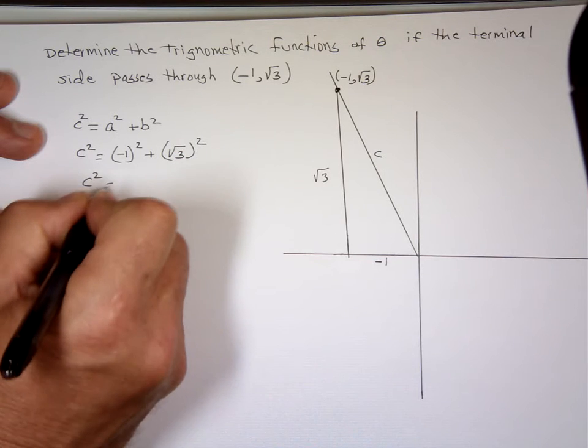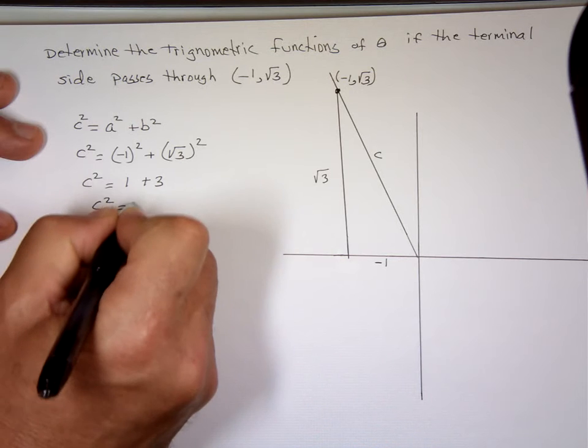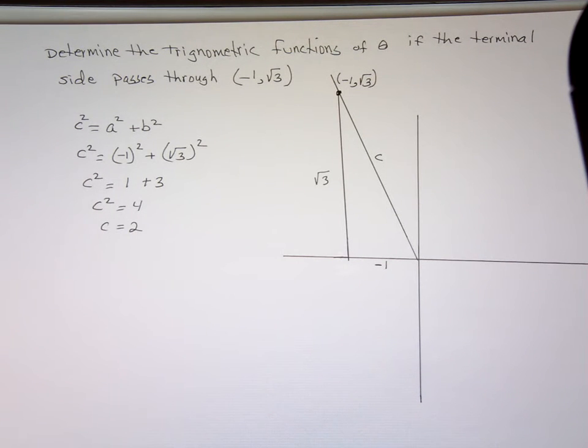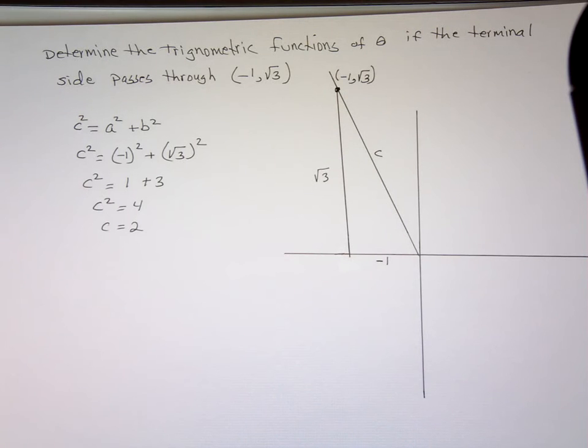That's a 1. That's a 3. C is always positive, will never be negative. I know when you take a -2 and square it, that's a 4. But the length of this side is a positive value. It's always a +2.